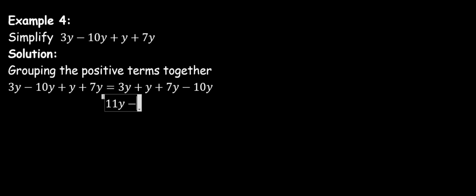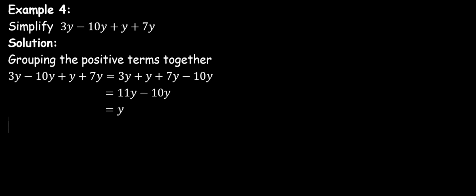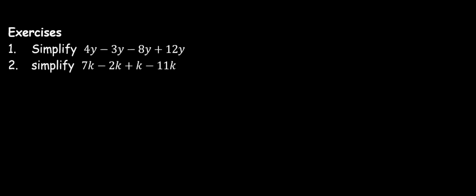We have just added only the positive terms. Then we now do our subtraction to give us equals to y. We have come to the end of examples under grouping among like terms. Let's take a few exercises to try your hands on.